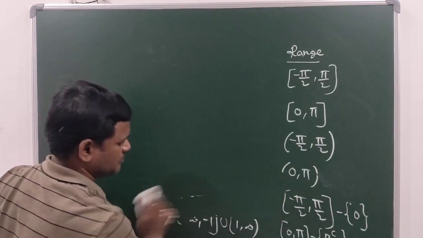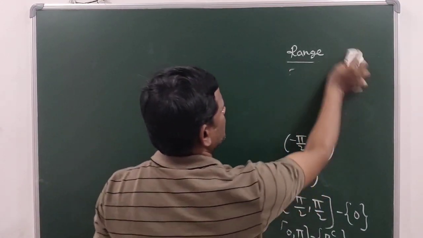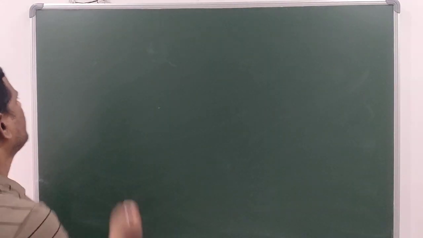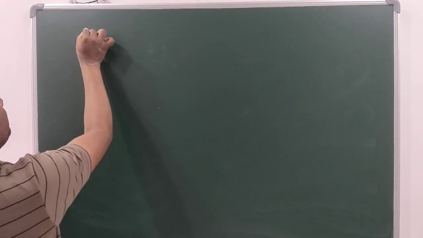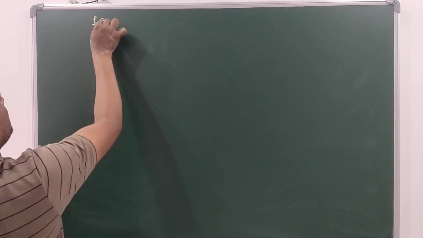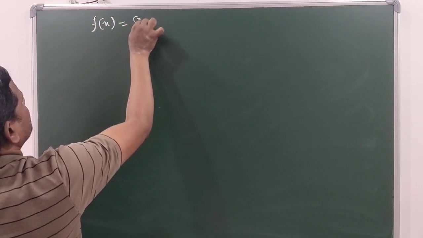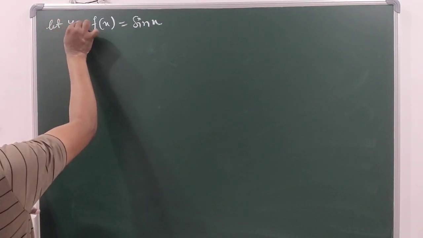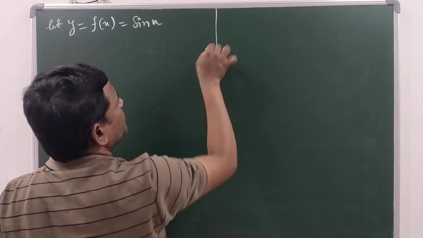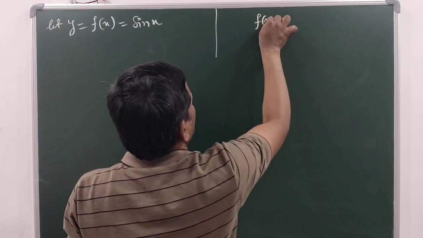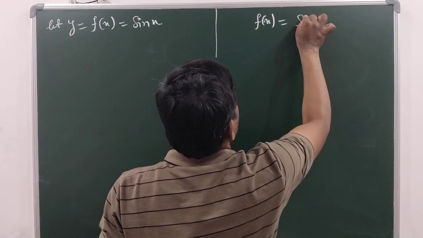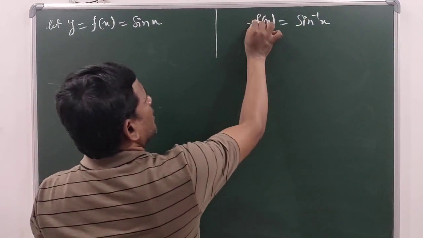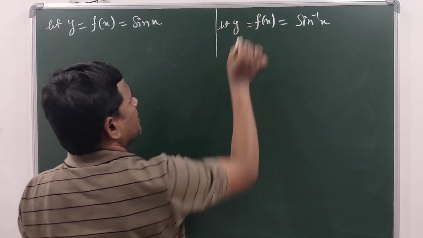First, let us see the sine function. Let us consider f of x equal to sine x, and let it be y. Similarly, here f of x equal to sine inverse of x, and let it be y.